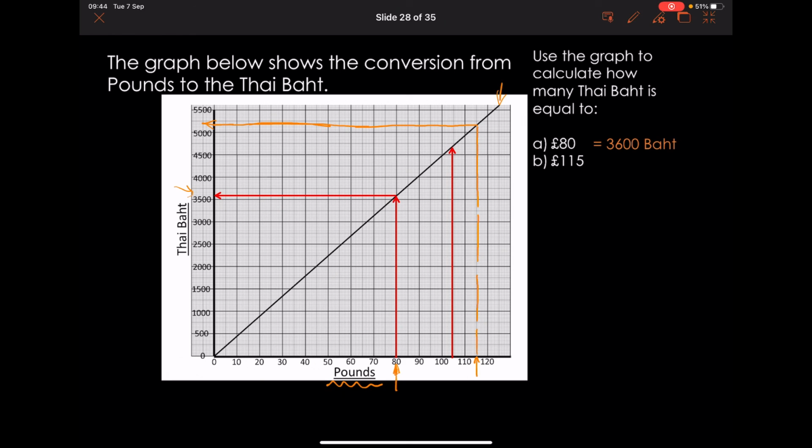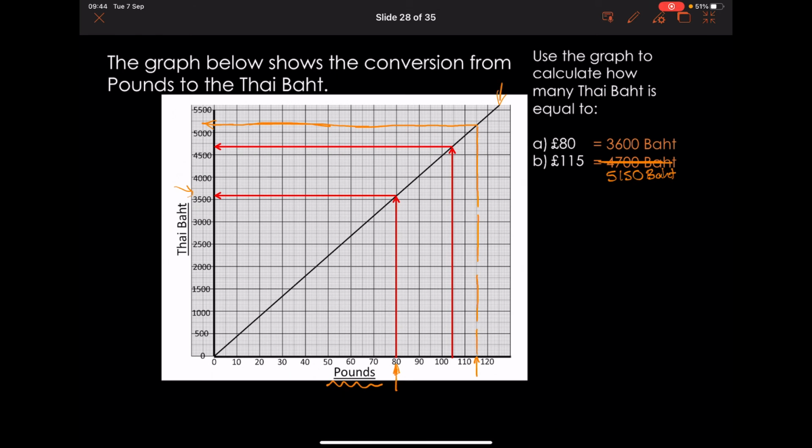But it would be about 5,000 and maybe £150. So ignore that second red line, that's not quite right. So it would be 5,000, wouldn't quite be 250 because that would be in the middle of the line. So 150, let's say.